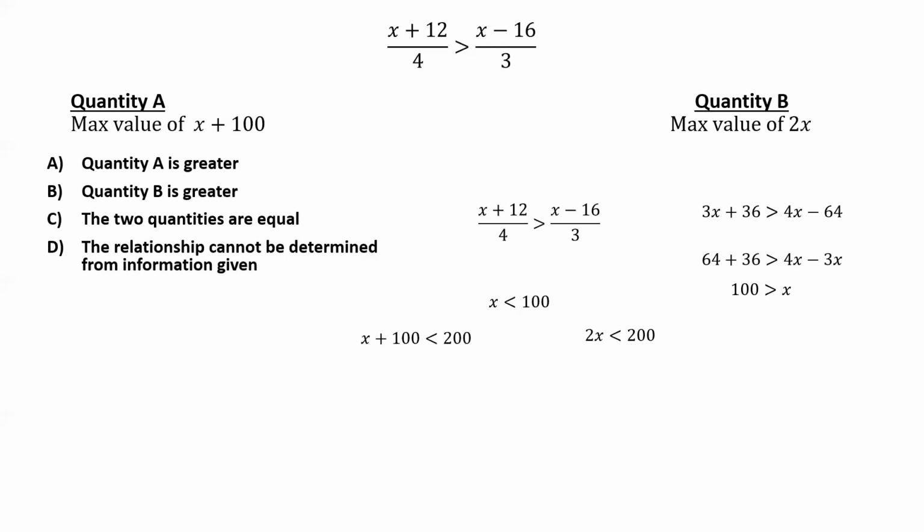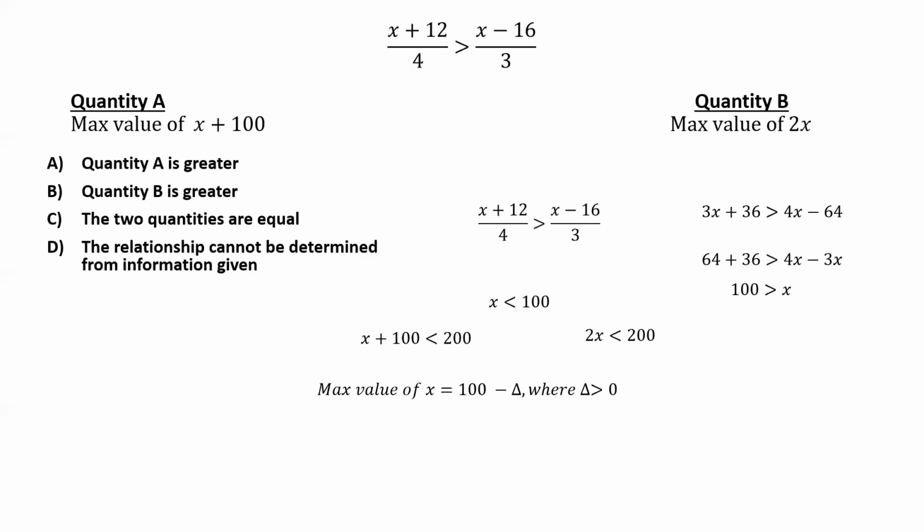So to compare the two quantities, we'll start with an assumption that the maximum value of x is 100 minus some quantity delta. And delta could be a very small quantity, but it has to be a positive quantity, because we know that x is less than 100. It's not less than or equal to 100, right?